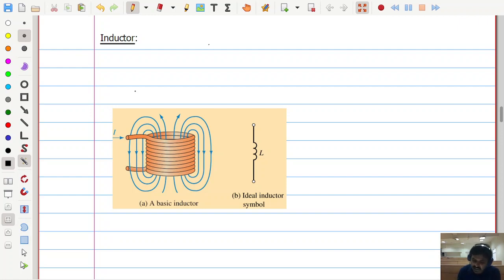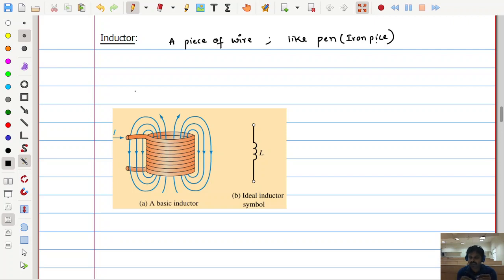I would like to tell you, you take a piece of wire, and you take any object, just like a pen, or if you have some iron rod or some iron piece, anything that looks like a pen. You can see in your pens some spring is there, right? Sometimes some people use a spring kind of pen also.